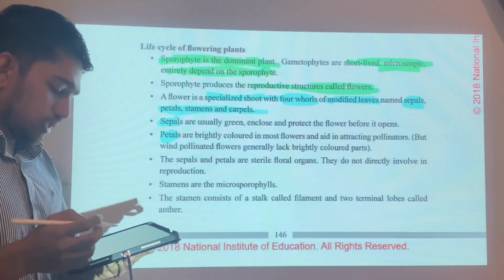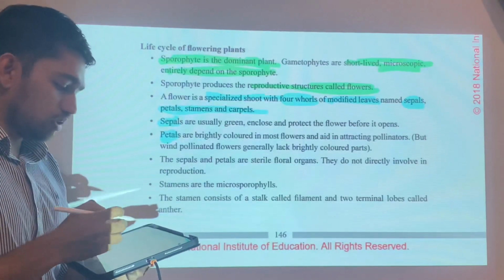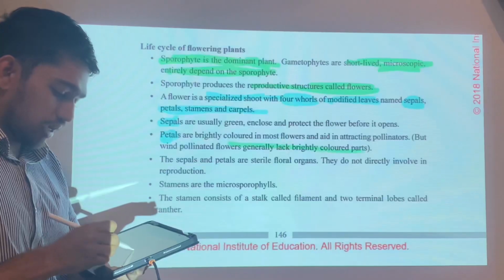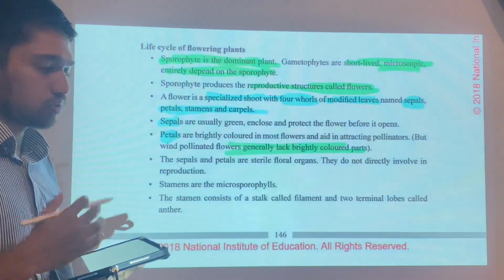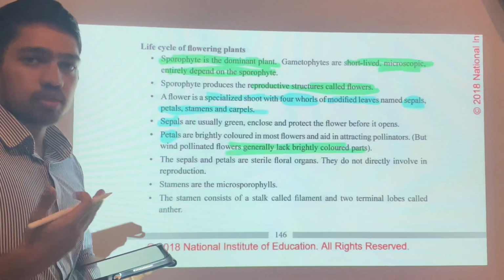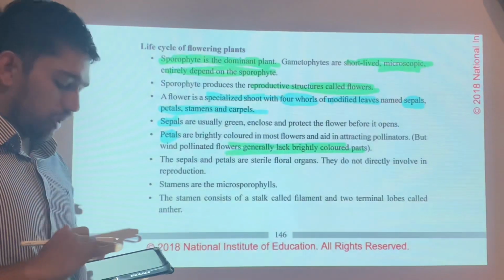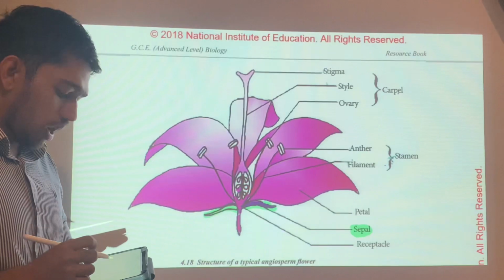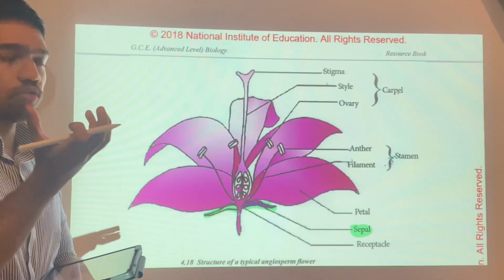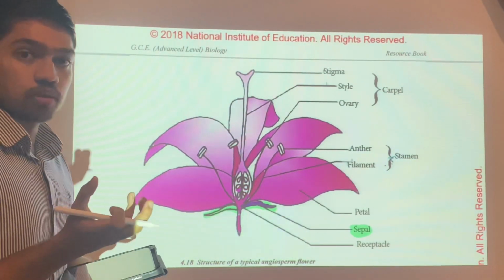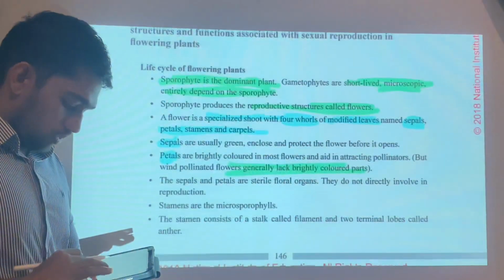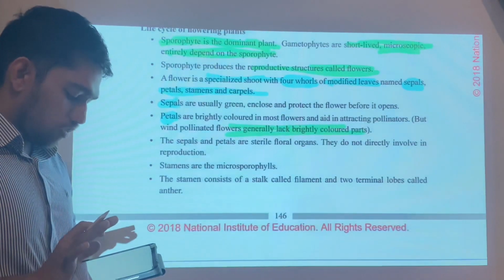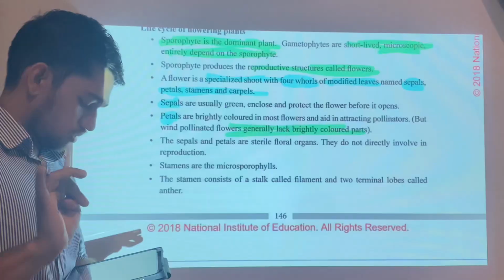But if the plant is wind pollinated, it will generally lack brightly colored parts, because there is no purpose in getting attention to the flower. So these are the petals, the big colored parts that dominate the flower structure if it's an animal pollinated plant. These are sterile floral organs: petals and sepals.